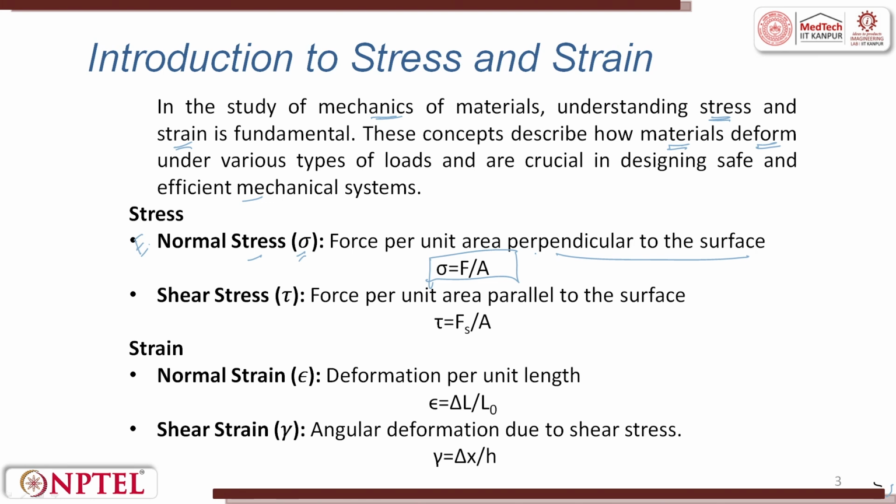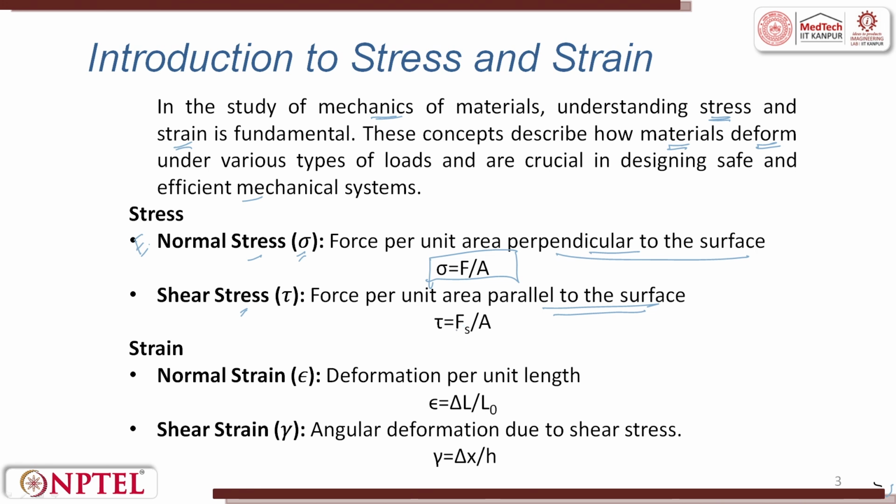The shear stress, which is used extensively in metal cutting, is defined as tau, and is represented as force per unit area parallel to the surface. So, normal stress was perpendicular, while shear stress is parallel to the surface.